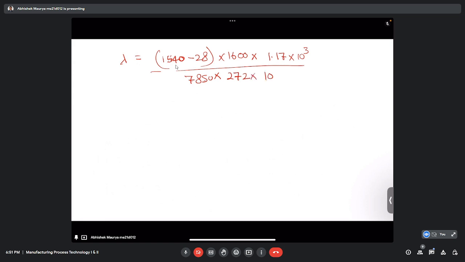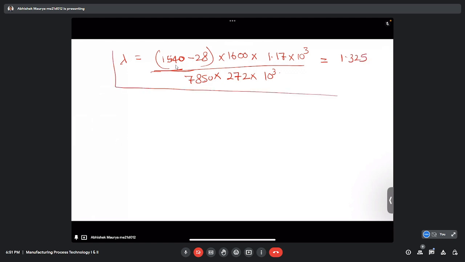It is given in kilojoule, so we convert it into joules, and the value we get is 1.325. It is the same as earlier.